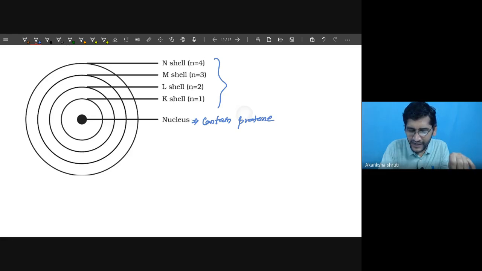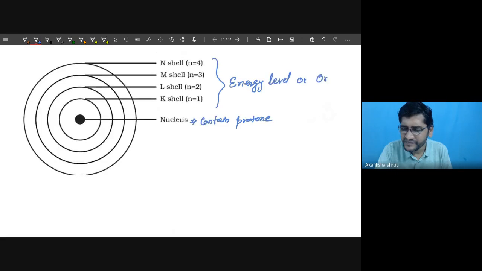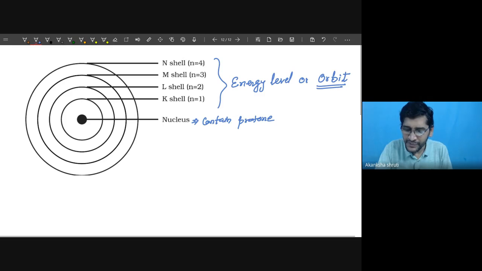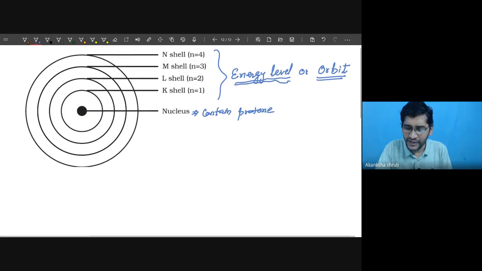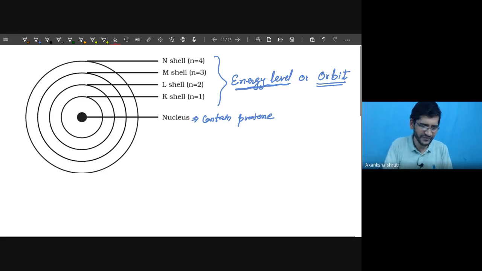These are also called energy levels or energy shells or orbits, meaning the same thing. Orbit simply means the path, but this path has fixed energy. Therefore it is also named in terms of its energy as energy level, but both mean the same thing.